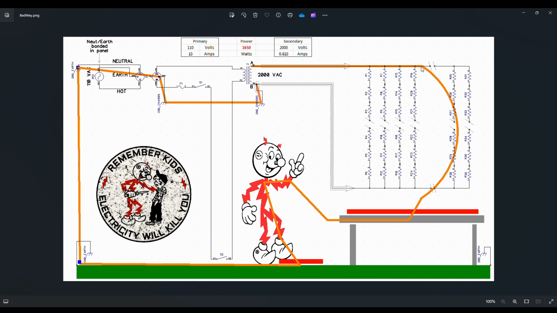The normal pathway is down through your wooden piece that you're burning, and for some reason, something's gone wrong. This connection has gone bad, so current can't return through its normal path. This connection comes and goes all the time. That's why you have the arcing and the sharp carbon forming at the tip of the electrode. It can happen at this electrode as well. And then you have the sort of opposite problem.